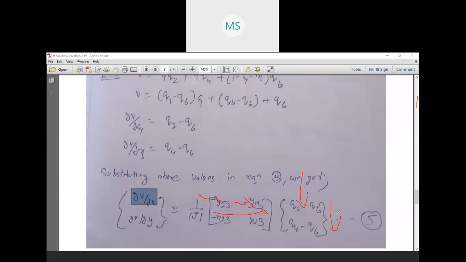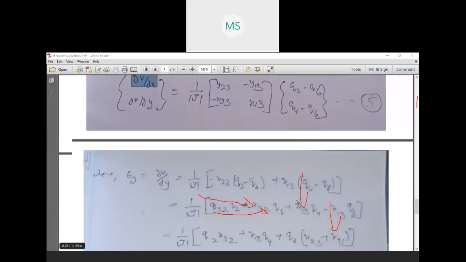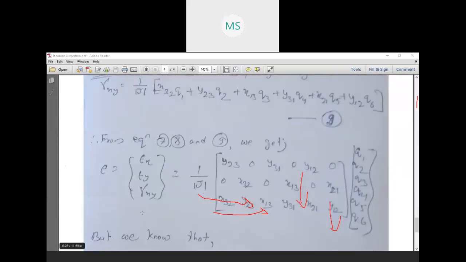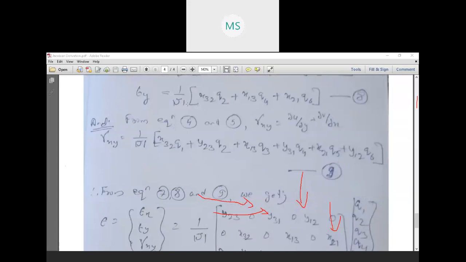Then we add both so that we can get gamma of xy. You can check here. So my gamma of xy, when I put it in equations number 4 and 5, which are written clearly here, it's very necessary to understand this: gamma of xy equals del u by del y plus del v by del x, which we already have. If you add both, you will get this expression.